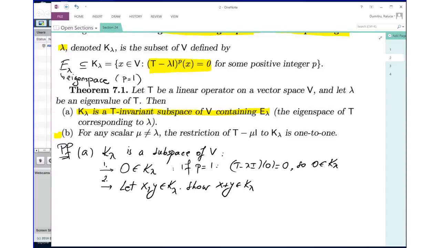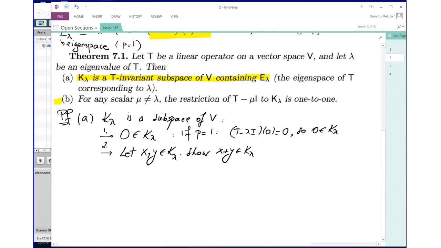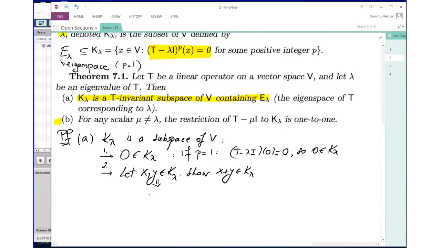Closed under addition. So x and y are two vectors in K lambda. That means for some p, (T minus lambda identity) to the p of x is 0. And because y is in there, maybe you have another integer like q such that (T minus lambda identity) to the q of y equals 0.